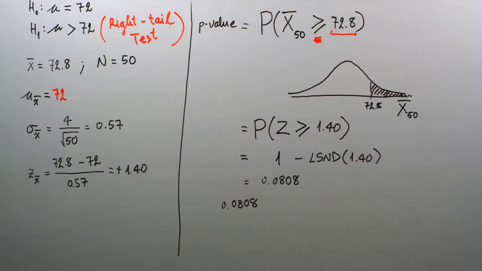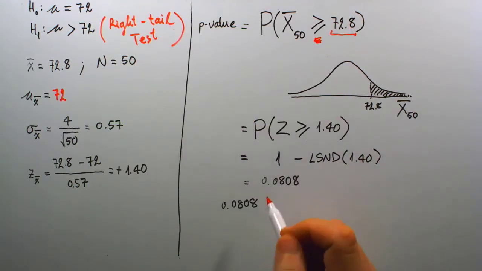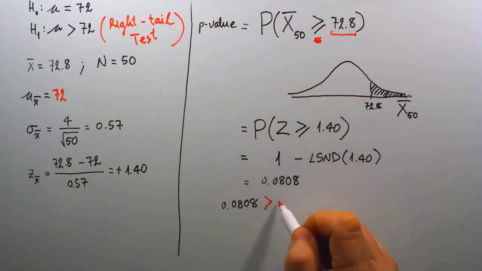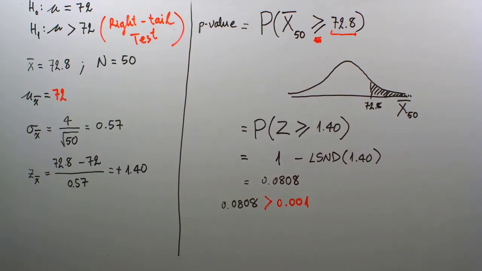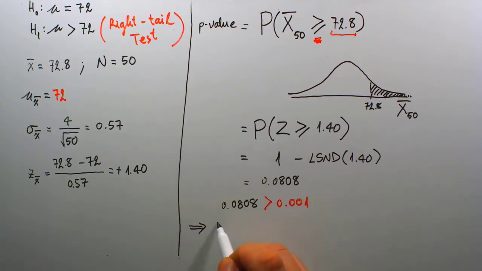Comparing our p-value with the given significance level 0.001, this time our p-value is quite above the significance level. So the conclusion now is that, having a p-value above the significance level, our sample is not strong evidence.